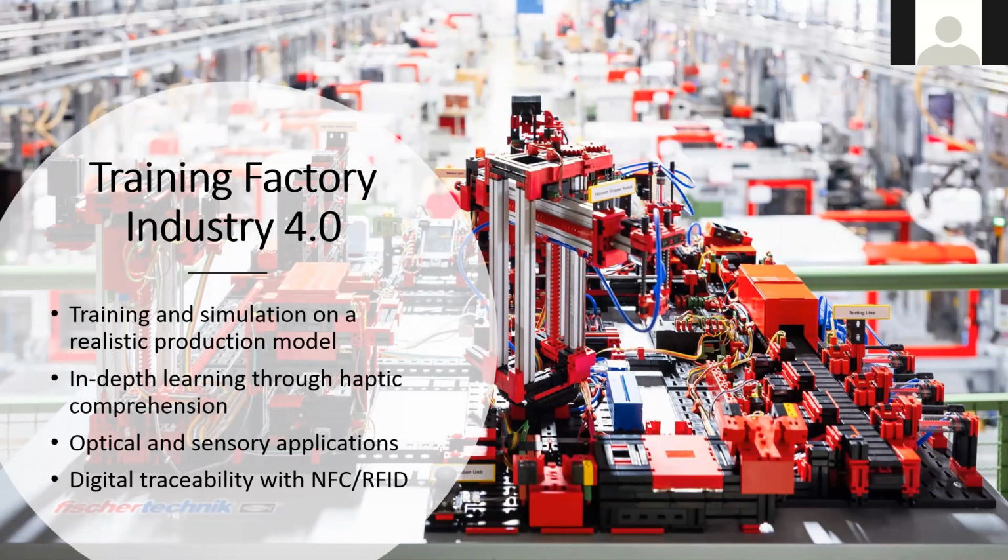Now, the following topics can be addressed with the Fischertechnik Training Factory Industry 4.0, just to pick up on some of the things the video stated, but just restate them again. Training and simulation on a realistic production model, in-depth learning through haptic comprehension, optical and sensory applications, and digital traceability with NFC/RFID technology.